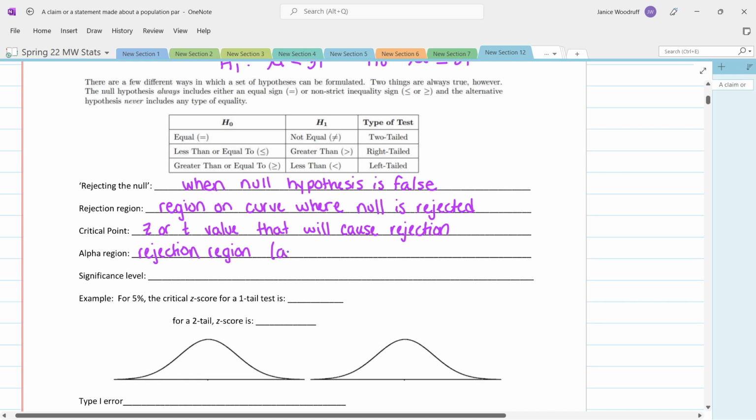It's the area on the curve. And then a significance level is going to be the probability of making a type 1 error, which we'll look at, the errors, in a second.